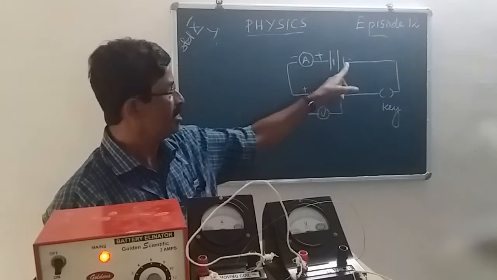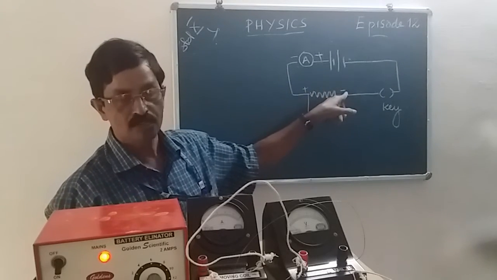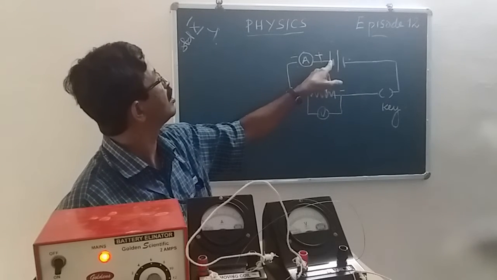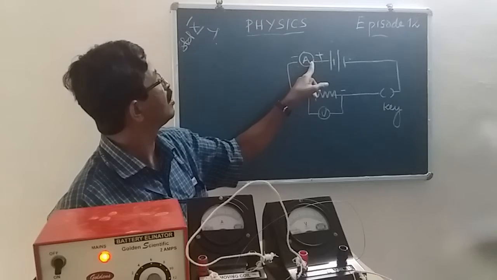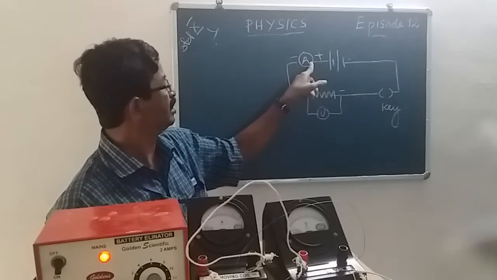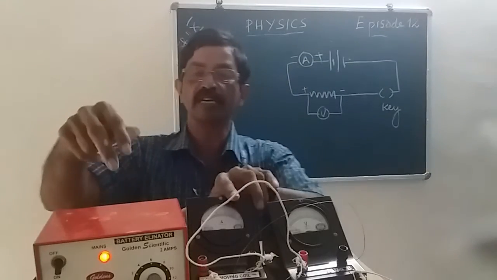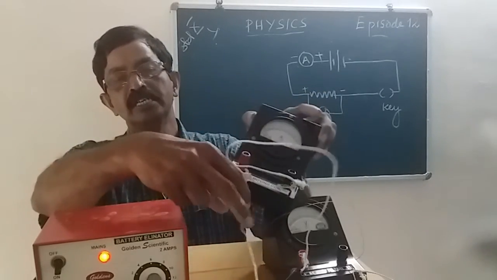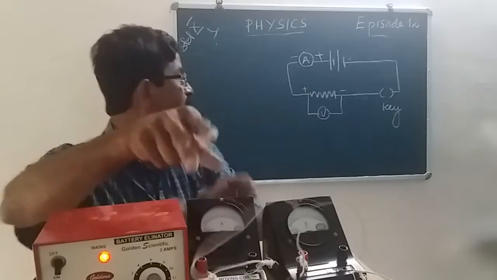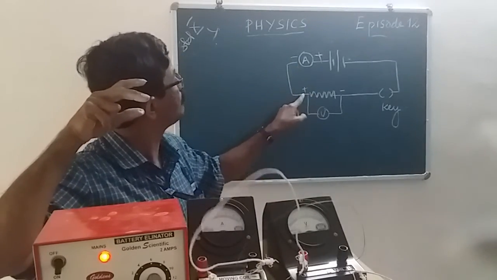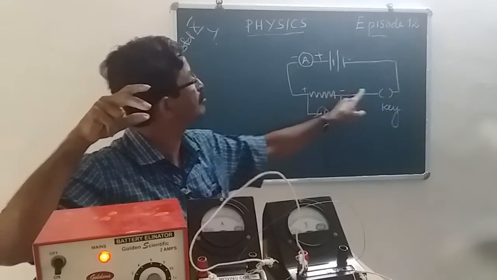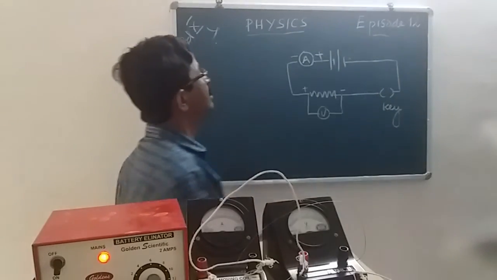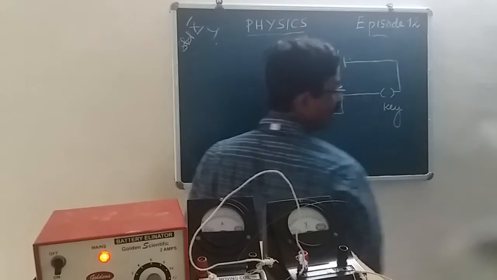From the positive of the battery we connect the positive of the ammeter, from its negative to the positive of the voltmeter, then its negative to the key and back to the negative of the battery. Here the plug key is given.